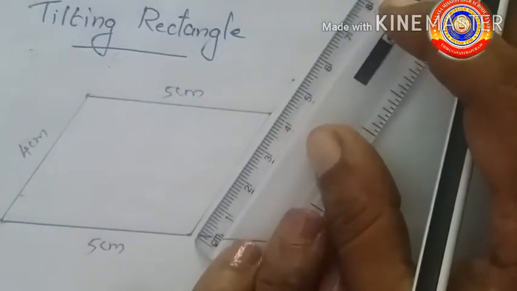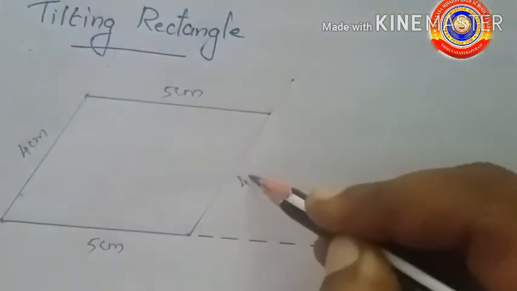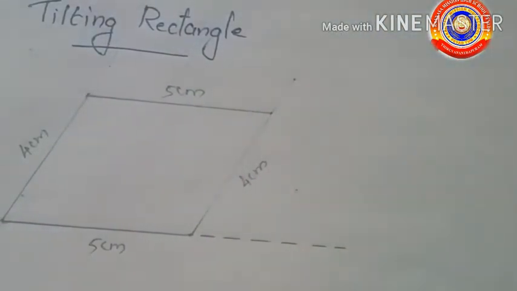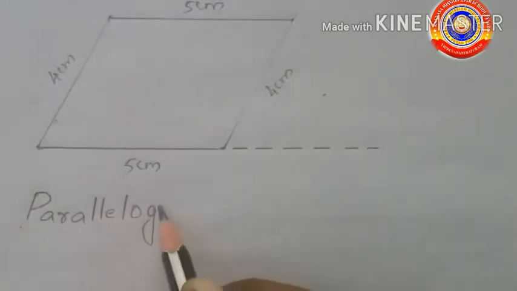Also, the right side length is 4 cm. This figure is called parallelogram. You will study more about parallelogram in your higher classes.